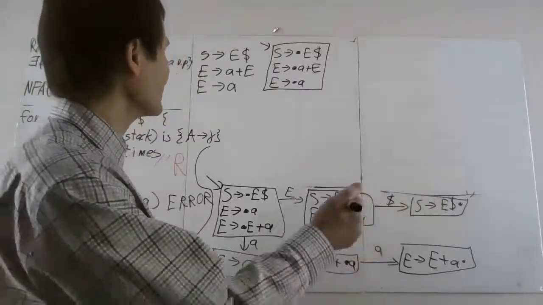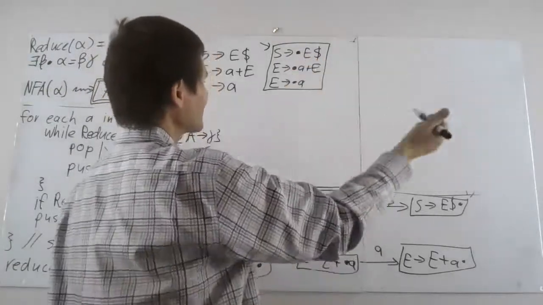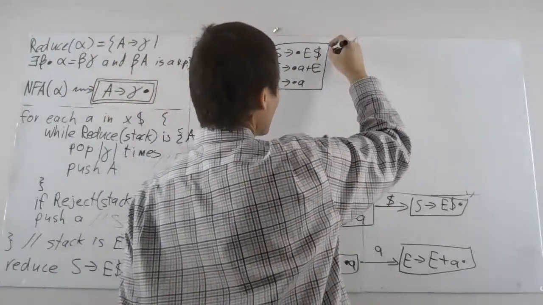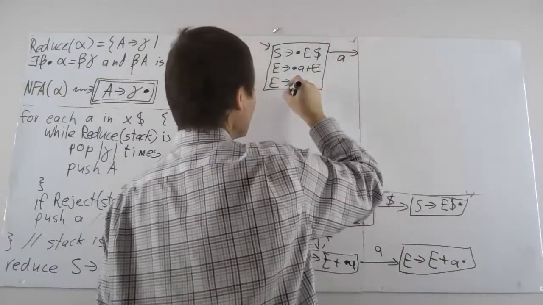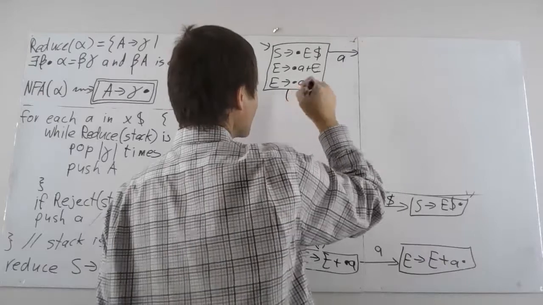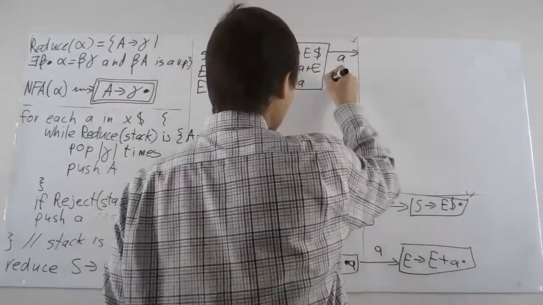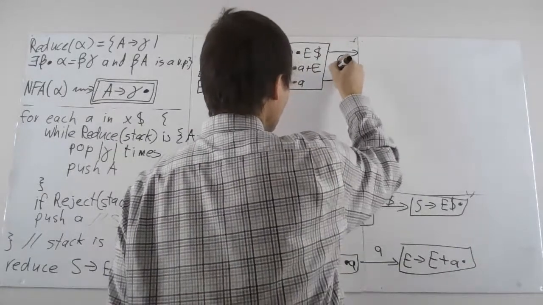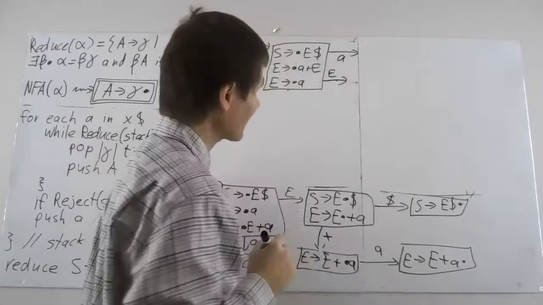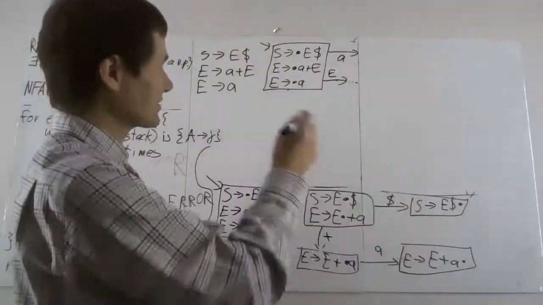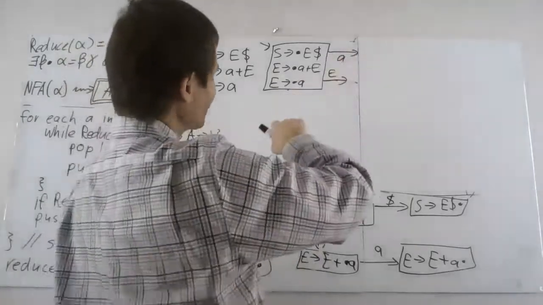Here I've got a dot before an E and a dot before an A, so there would be outgoing transitions, one on an A and one on an E. I'm going to ignore that E transition; again, you can complete this as an exercise. But on the A, what would happen?